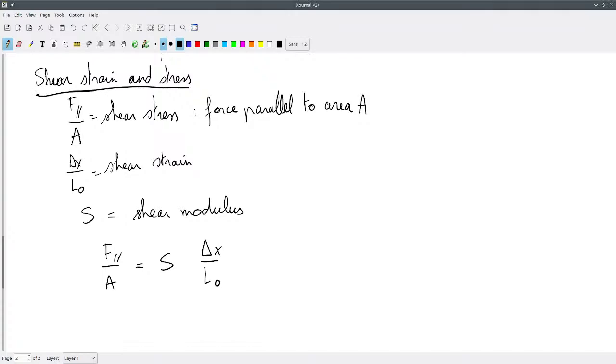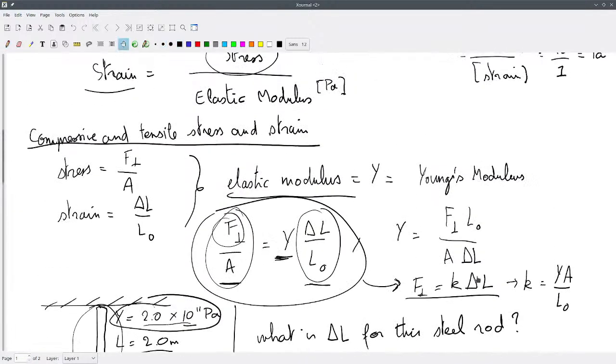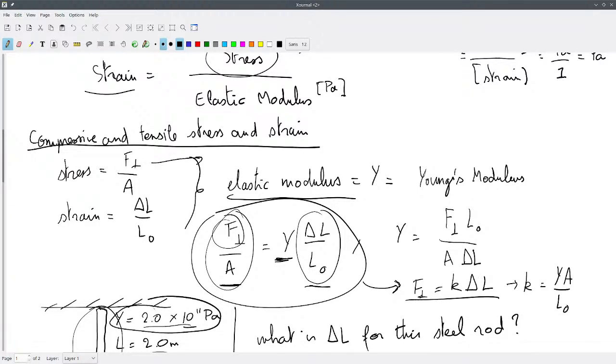So shear stress and strain, in contrast to compressive stress and strain, have the force parallel to the area. In this case, the force is perpendicular to the area.